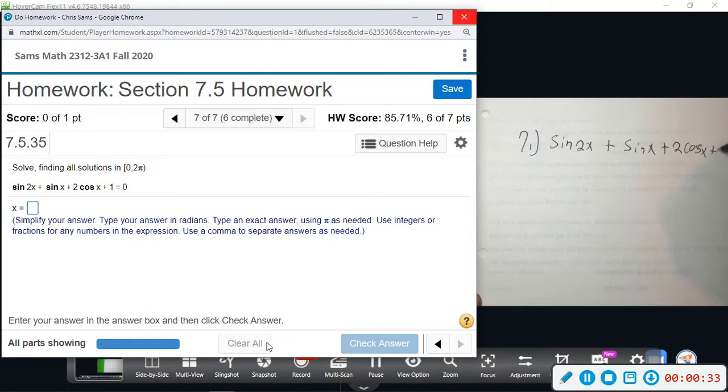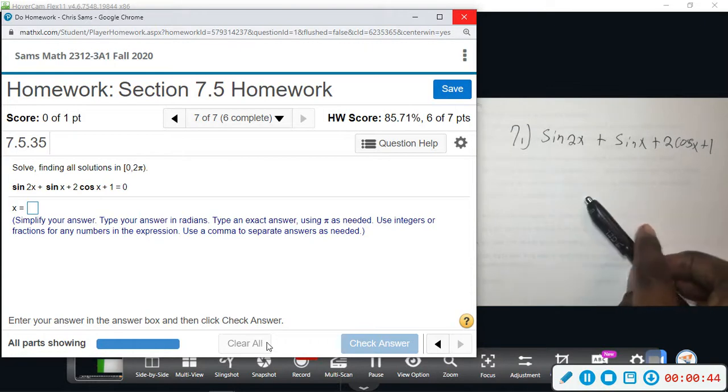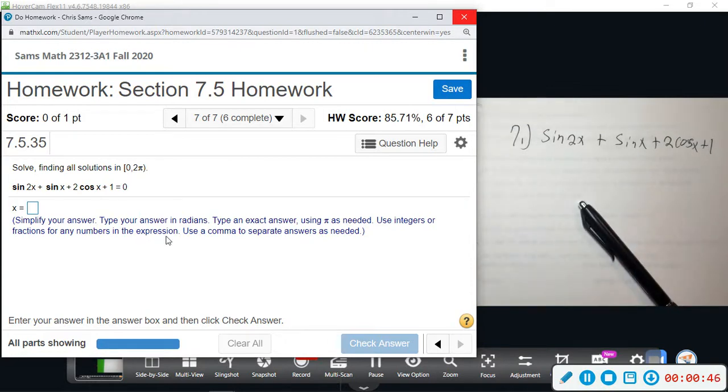Plus 1. Alright. So let me look and verify, because we have 2 times cosine. We might need to do something there as well.